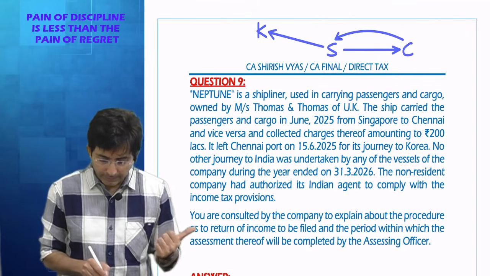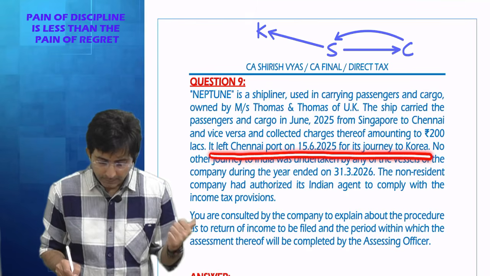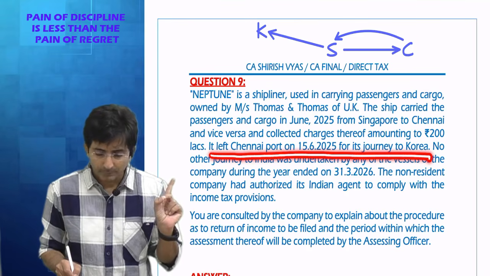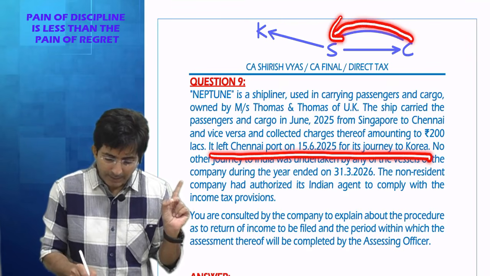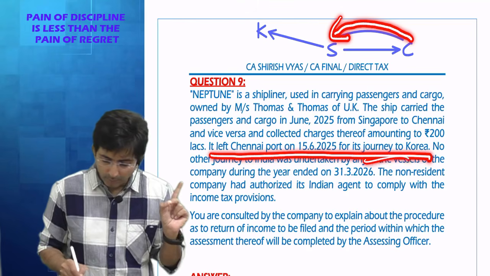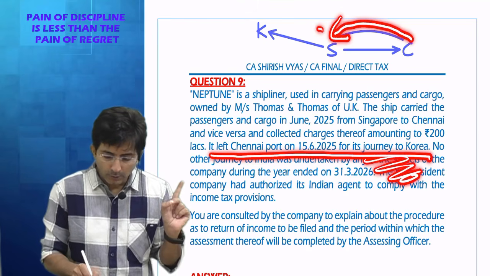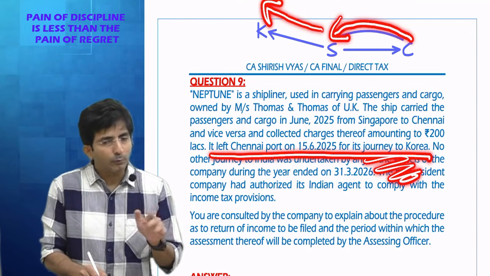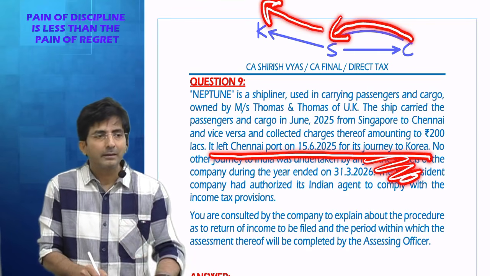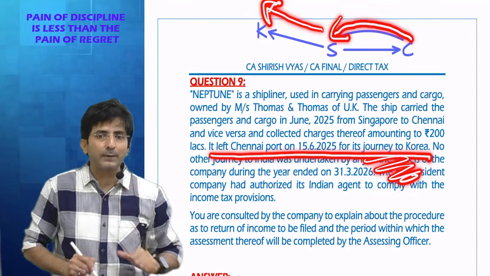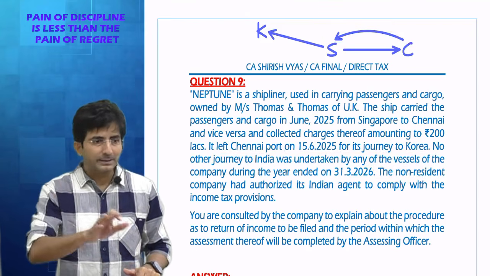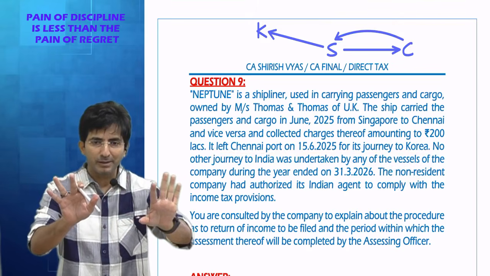So see, what does this sentence mean? You read this sentence. It left Chennai. Look at the drawing. It left Chennai for the journey to Korea, but it was via Singapore. How do I know it's via? Only then will that vice versa thing be satisfied. Actually, this is totally irrelevant in the question.